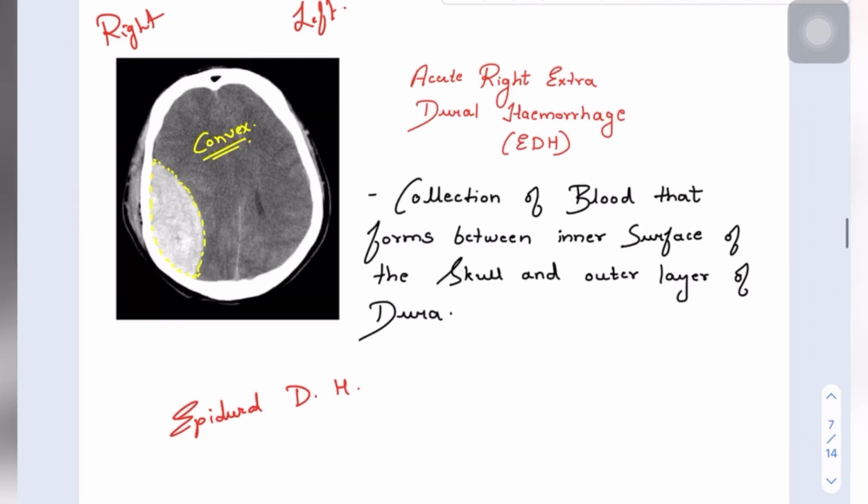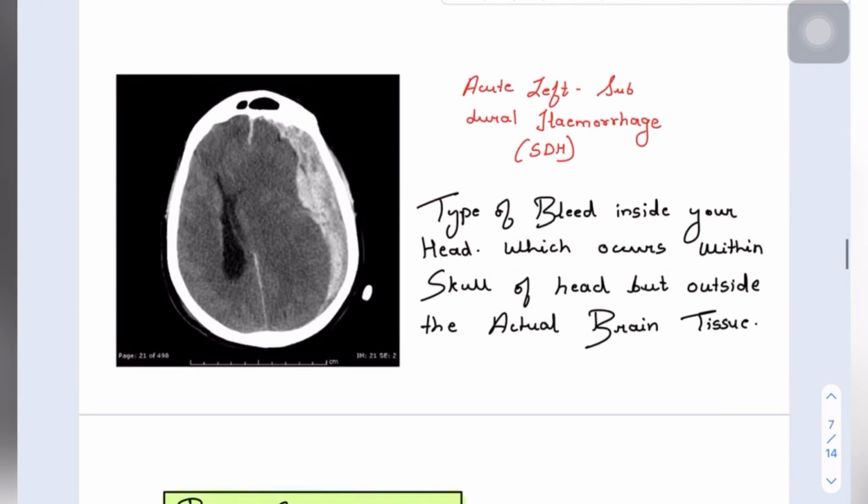Okay, in acute you will see hyperdensity and white in color. So the extradural hemorrhage is the collection of blood that forms between the inner surface of the skull and outer layer of dura. Okay, so in this image you can see the same hyperdensity, but the shape is something different, which is concave.